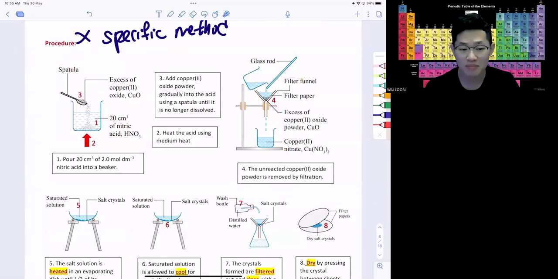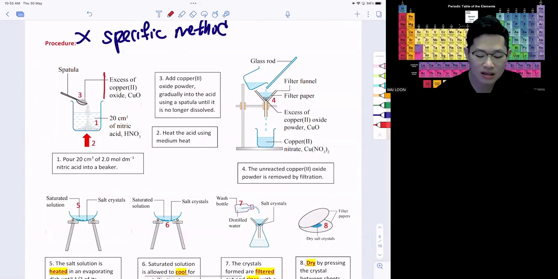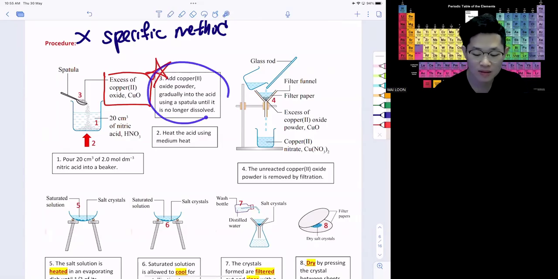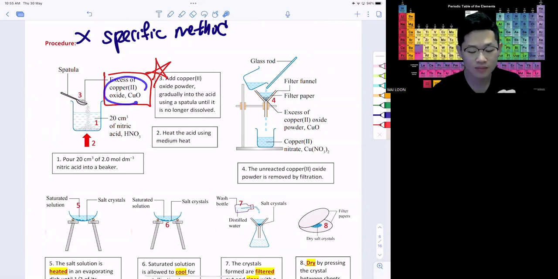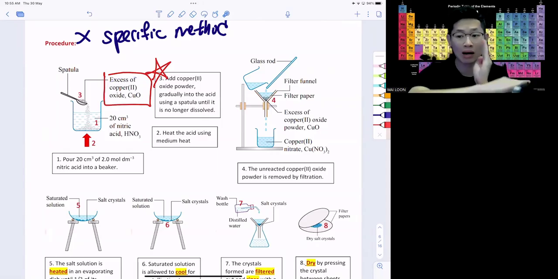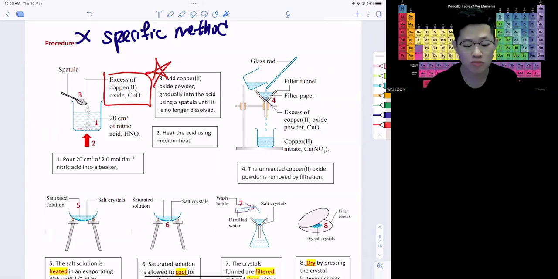But one thing very important here is we have to add excess copper 2 oxide powder. The oxide that we found from our cross has to be added in excess.